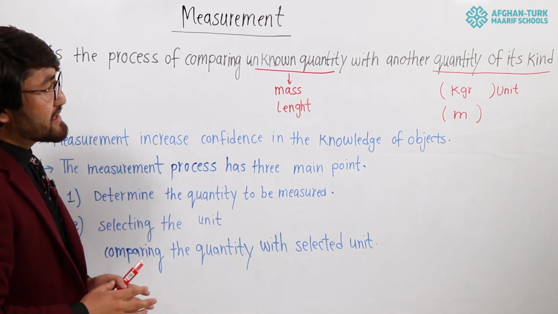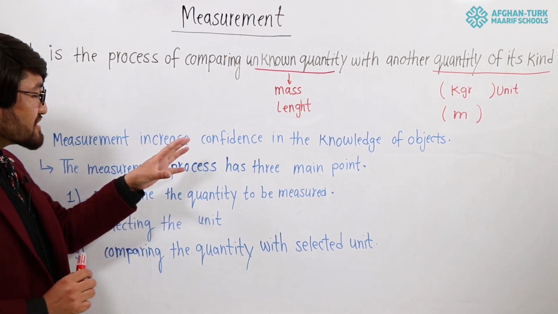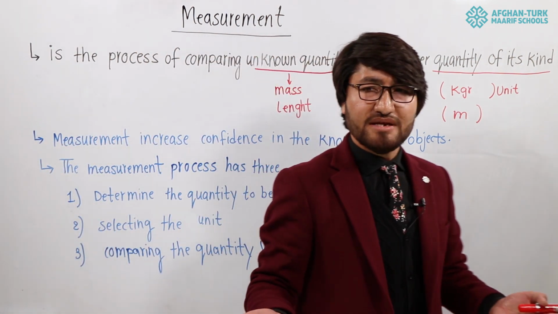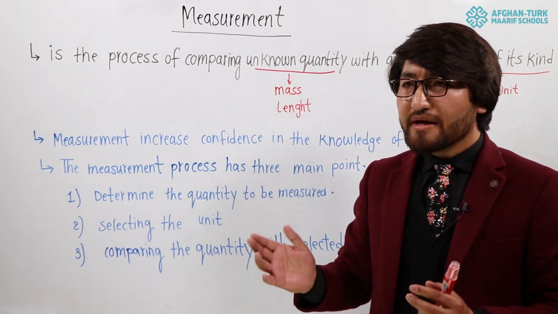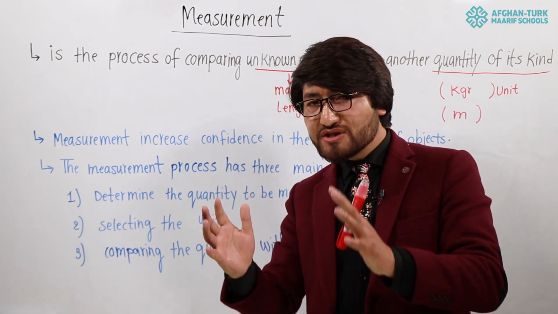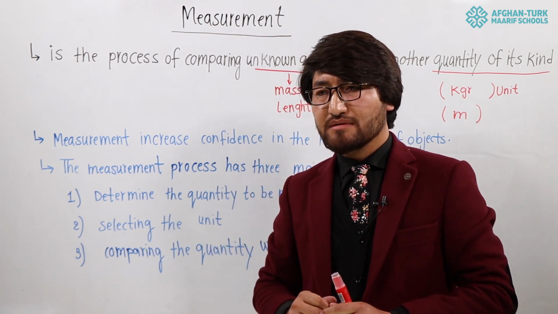Now I will tell you another definition of measurement. Measurement increases confidence in the knowledge of objects. What does it mean? It means when we measure an object, we know the object.